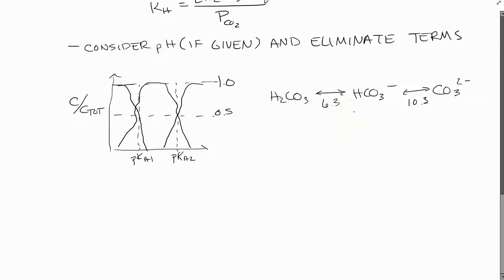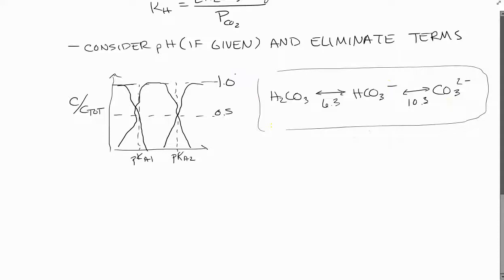If it's actually asking you for something like HCO3, you're probably not going to want to cross that term off of your acid-base equilibrium equation. But you should feel free to cross something that's going to be really low off of that alkalinity equation. So remember this. This is a really nice sketch to keep in your back pocket for different systems.